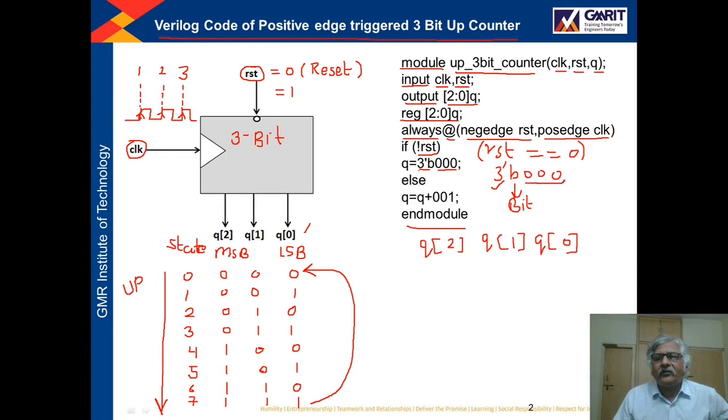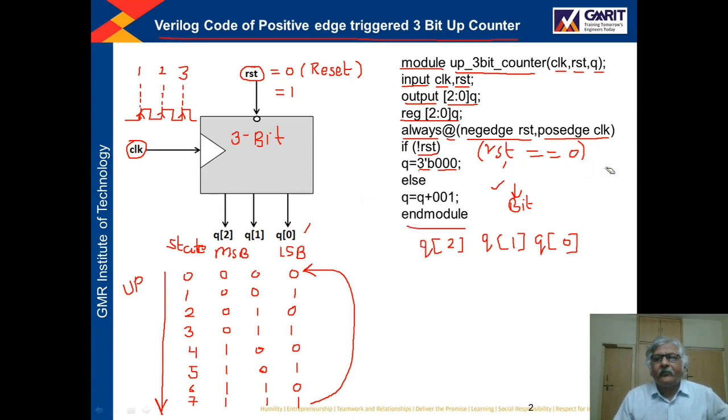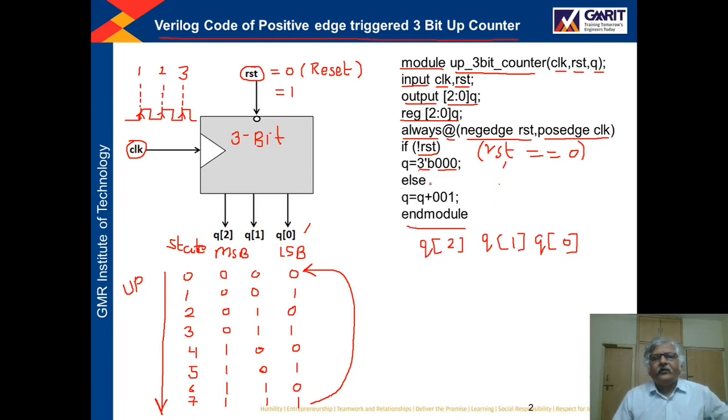Now this 0 0 0 will be assigned to Q, and in this way the output will reset. Okay. Now if RST is not 0, then we will go to the else condition.